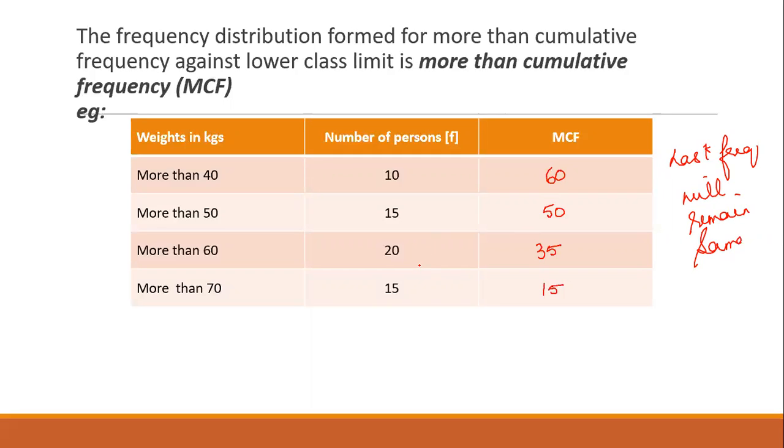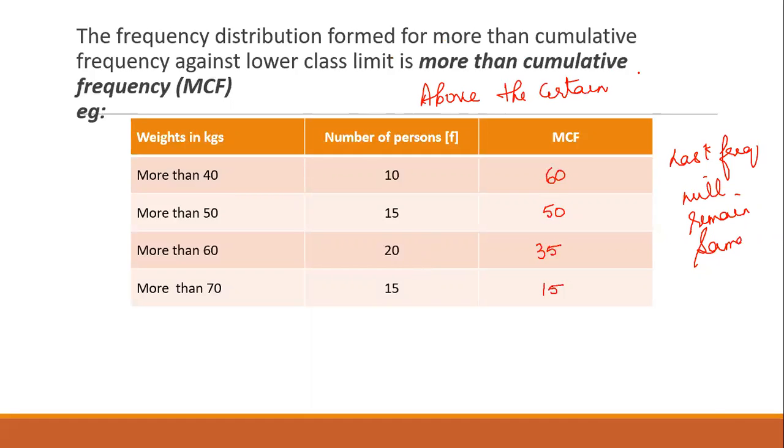Okay, so when you say less than and more than cumulative frequency, when you say less than cumulative frequency, it is the number of observations below a certain limit. And when the limits are above a certain limit, it is more than cumulative frequency.